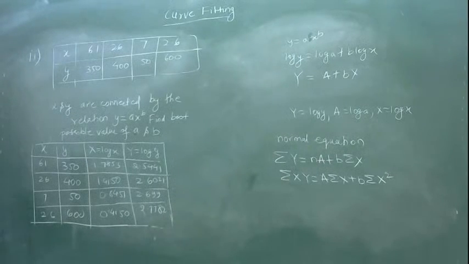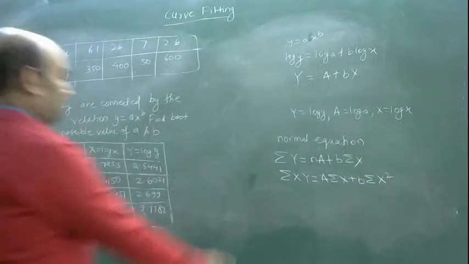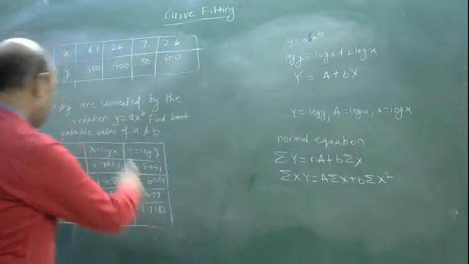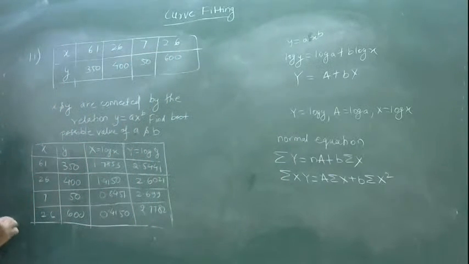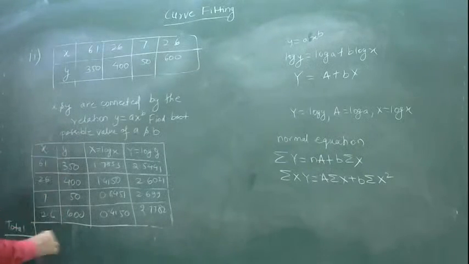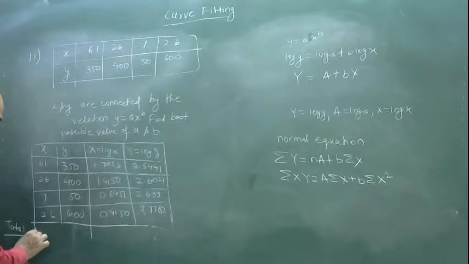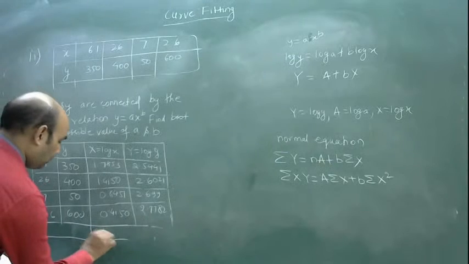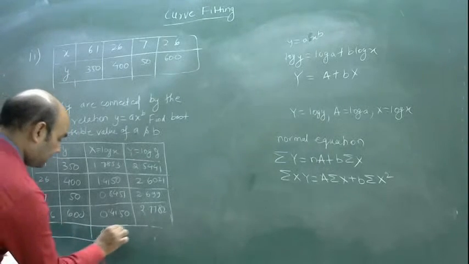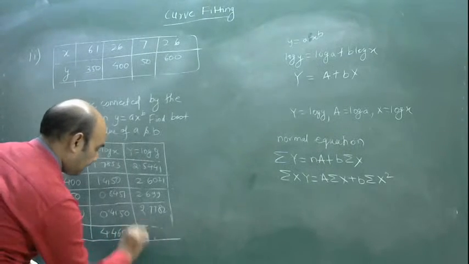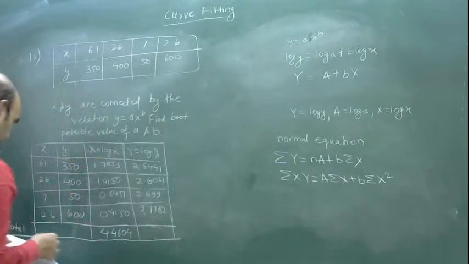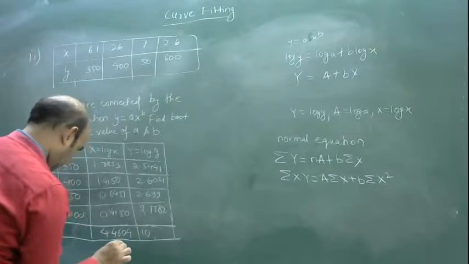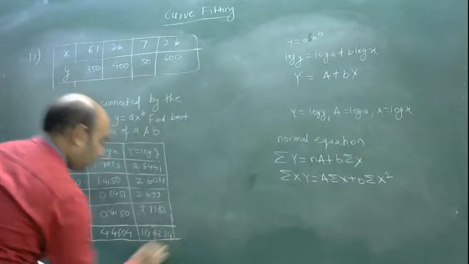Now what we have to find is summation of capital Y. So this will give the total value, so no need to find small x and small y. Summation of X is 4.464, and summation of Y is 10.6234.